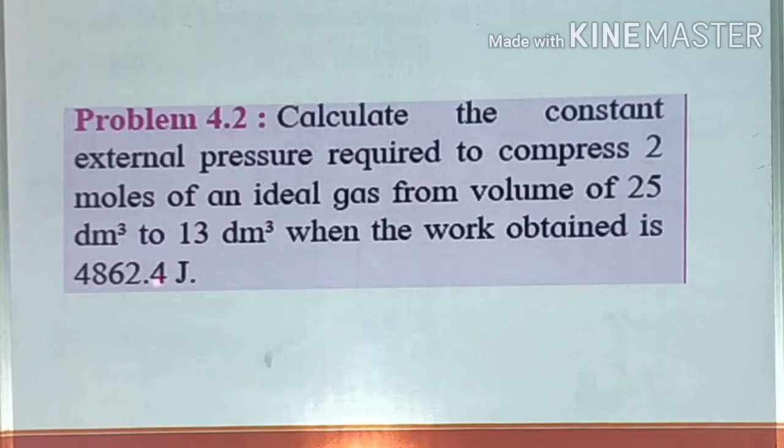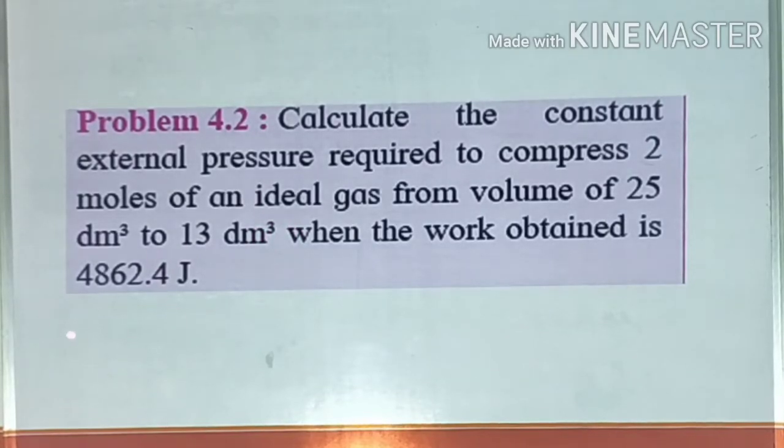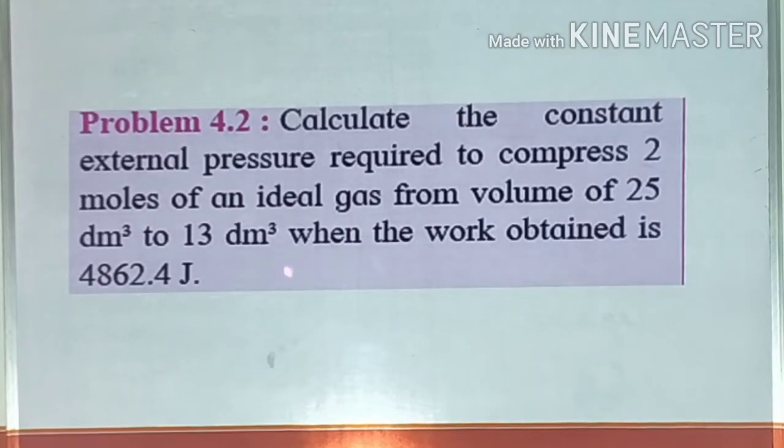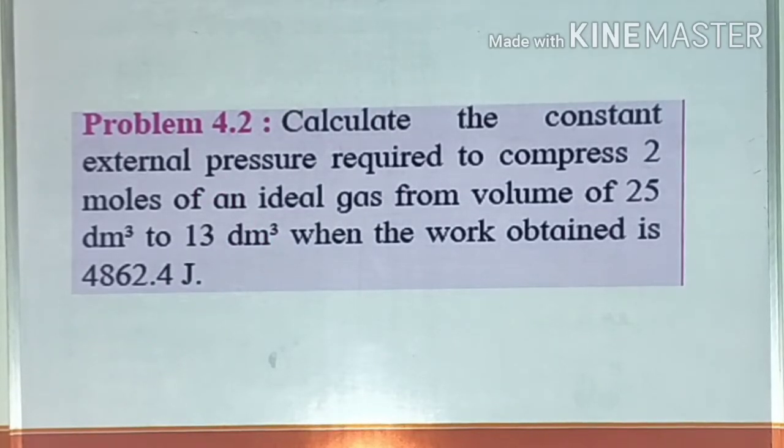Work is given in terms of joules. See, the volume is given in terms of dm cube, work is given in terms of joules. So first I will have to convert this work which is given in joules into dm cube barometer, and then use that in the formula to calculate the pressure, so that finally we will get the pressure in barometer. See how to solve this problem.